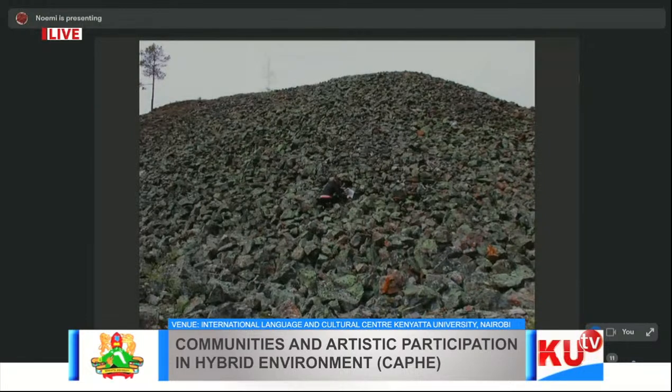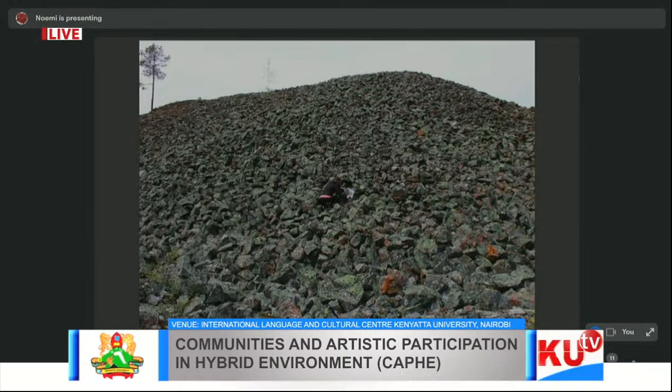So here, for example, in this photo, you can see I'm in the middle of the mountain, so you can see how big the consequences of the mining activities are, because all these stones are the leftovers produced due to the mining activities.